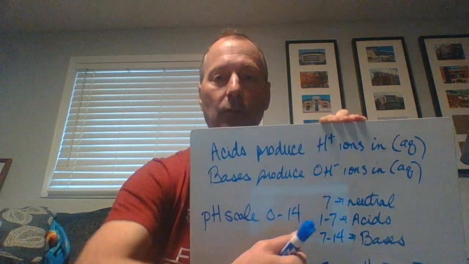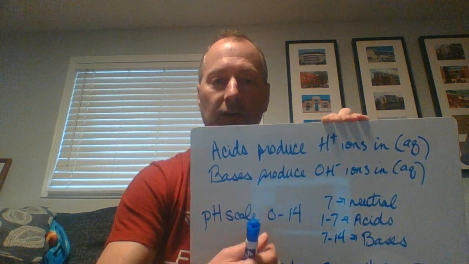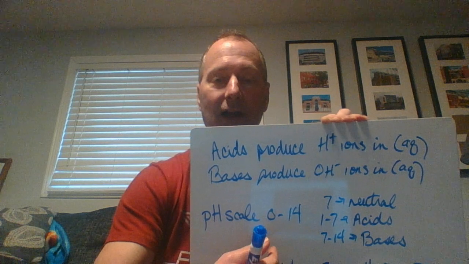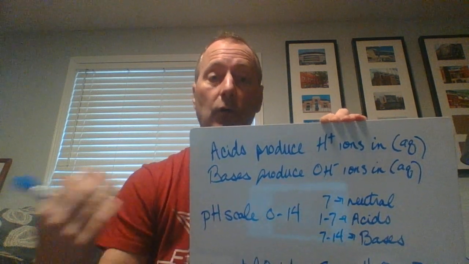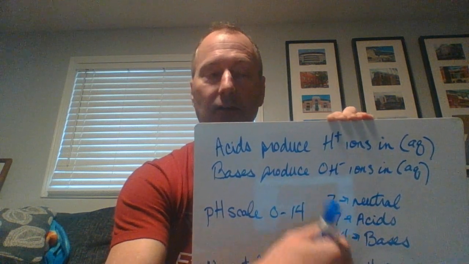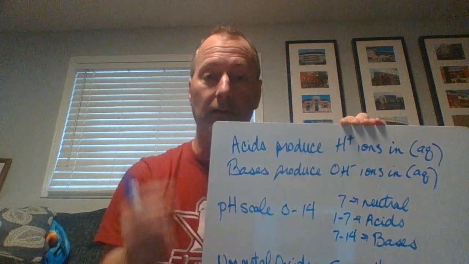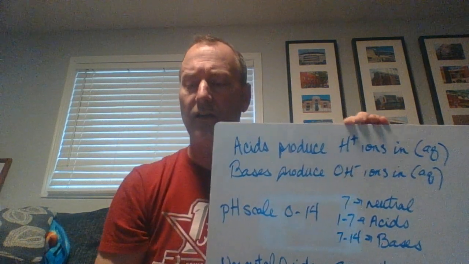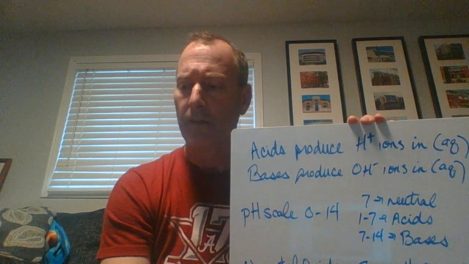So every time we move away from 7, if we move to 6, we have a weak acid. If we move to 5, it's a little stronger. 4 stronger, 3 stronger, and so on. Same thing with bases. 8 is a weak base. 9 is stronger. 10, 11, 12, 13, 14 until you get there. Okay? That part's hopefully something you remember from grade 10.